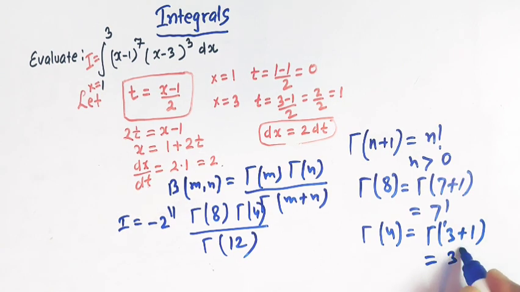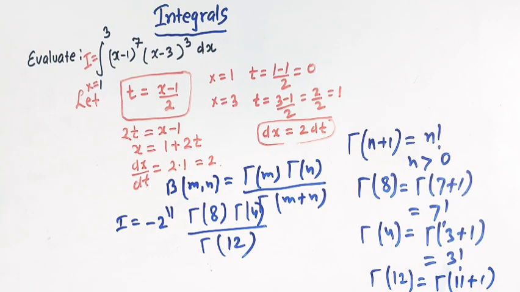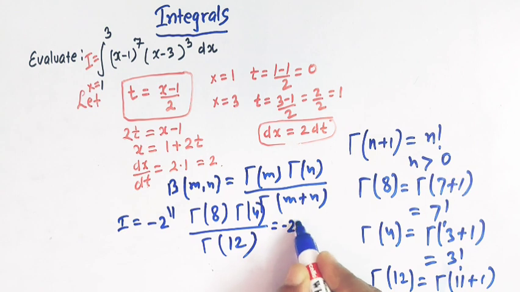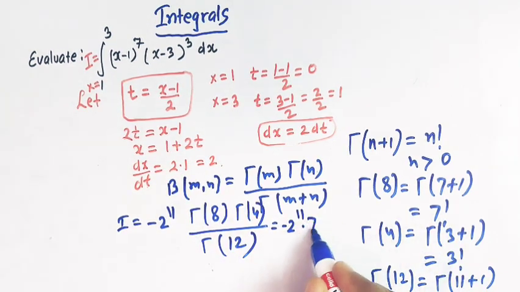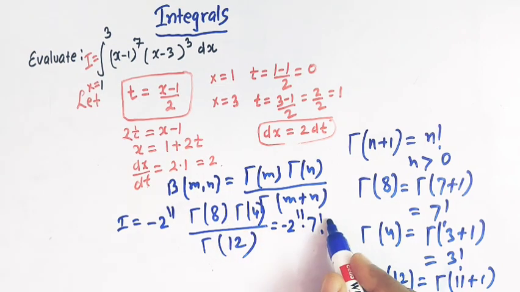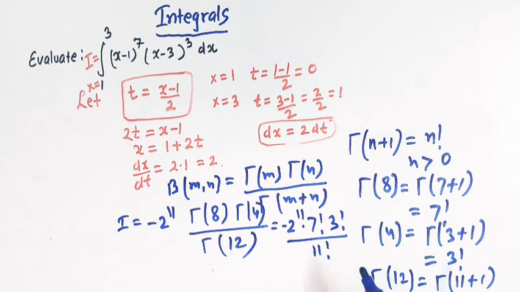And gamma of 12 is gamma of 11 plus 1, that is 11 factorial, right? So now we have minus 2 raised to 11, and gamma of 8 is 7 factorial, gamma of 4 is 3 factorial, divided by gamma of 12, which is 11 factorial, right?